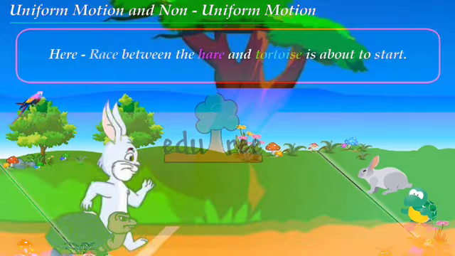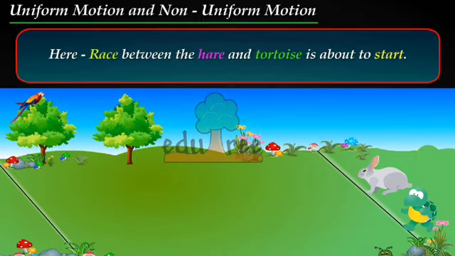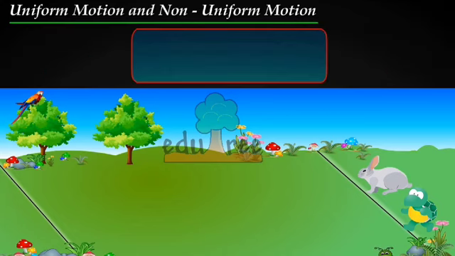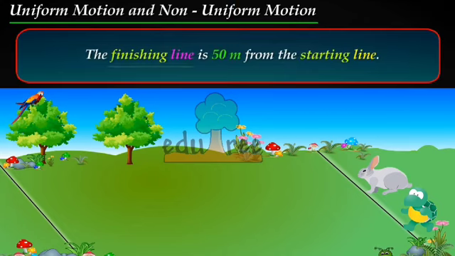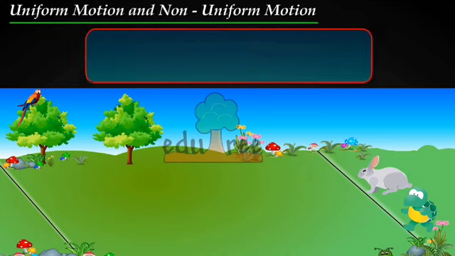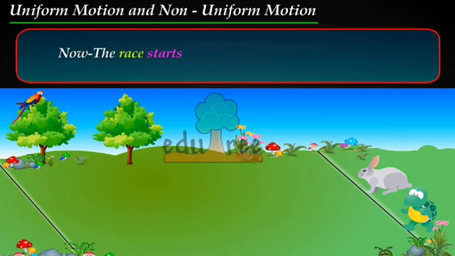Here, the race between the hare and tortoise is about to start. The finishing line is 50 meters from the starting line. Now the race starts.